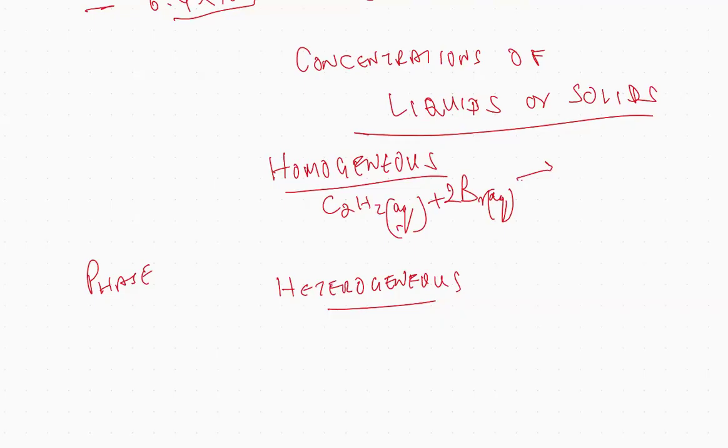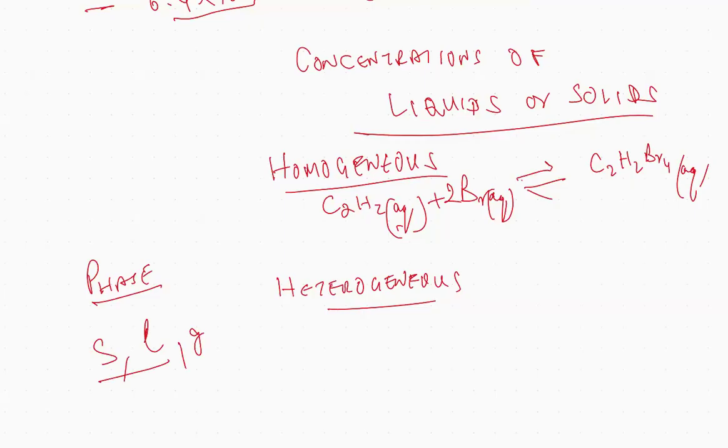C2H2 aqueous. That means all the reactants and the products are in the same state, the same phase. The three states are solid, liquid, gas. Solids and liquids, we don't include them in the equilibrium calculations.